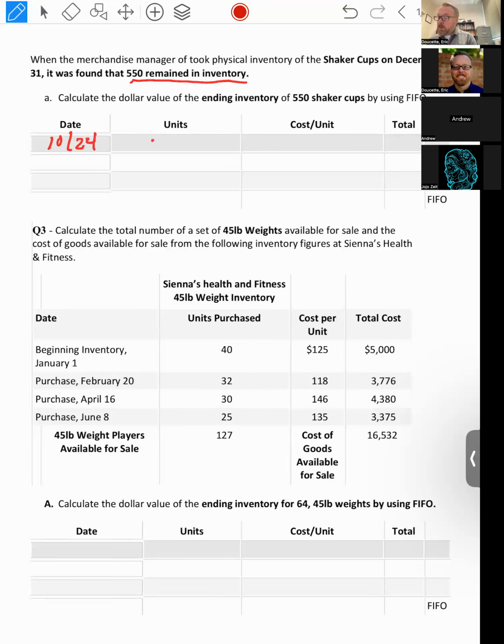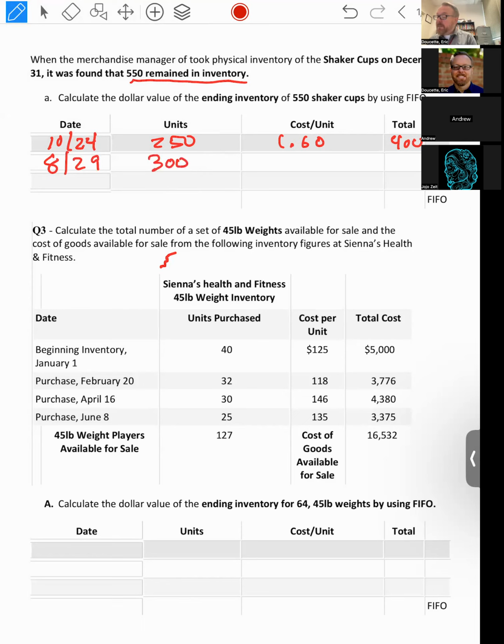So I had 250 units still at $1.60 each, and that came out to $400. So that's 250 of the 550. And then I have 300 on 8/29. I had another 300.